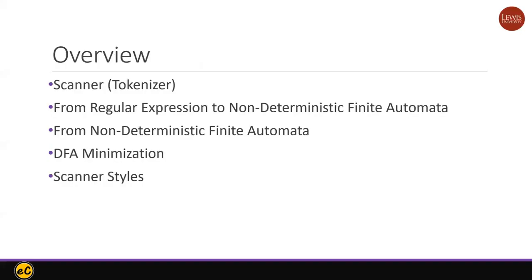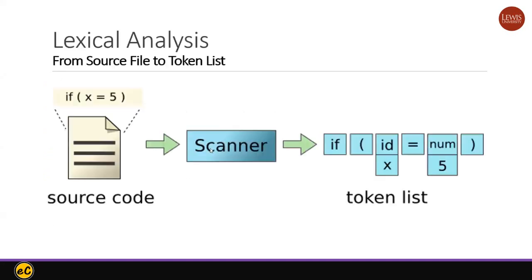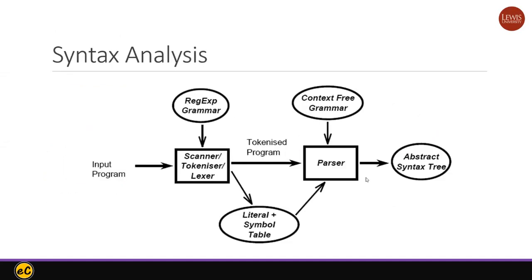Lexical analysis is using a scanner. To design a scanner, you need to use a regular expression to generate a non-deterministic finite automaton and use that automaton to determine the words. Basically, it's translating from source code to a token list.